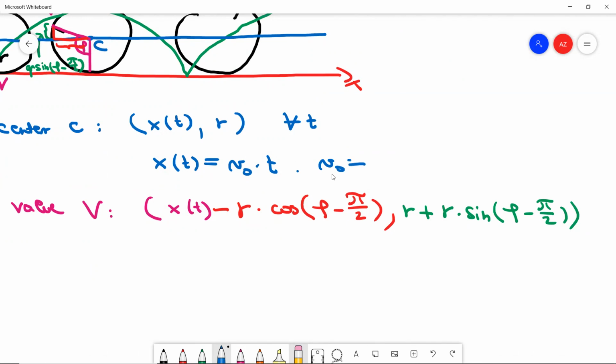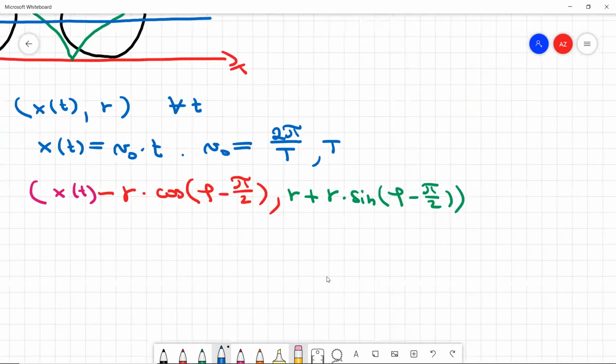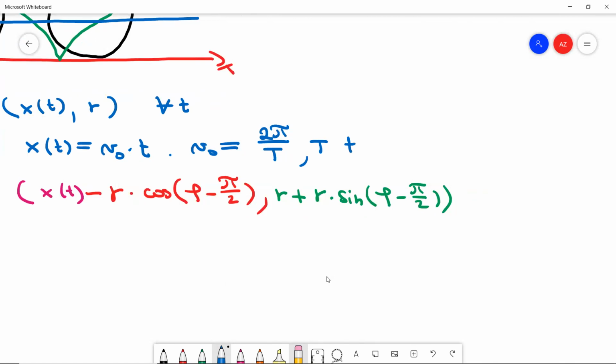V naught is 2 pi over T, where capital T is the time for one rotation of the wheel.